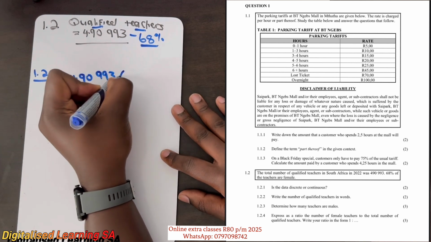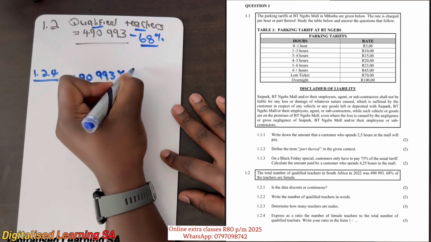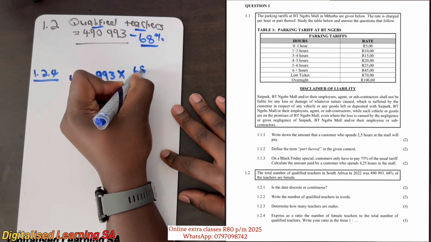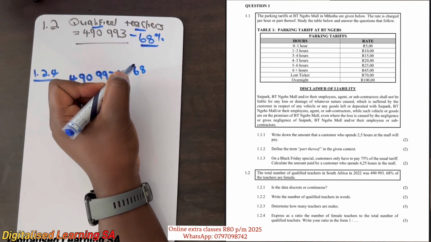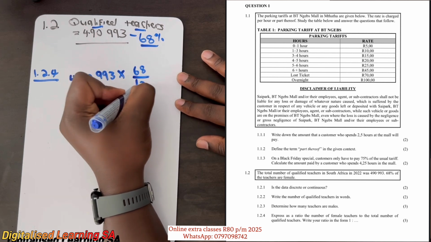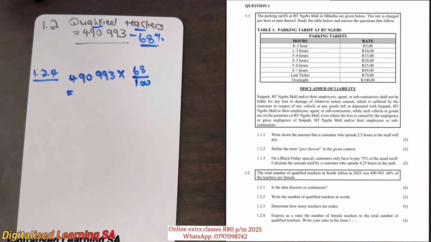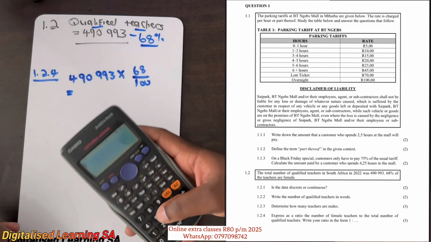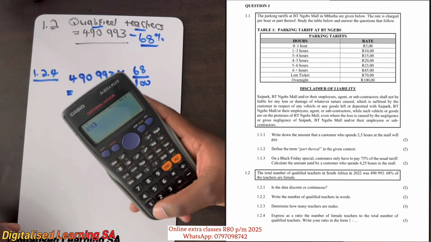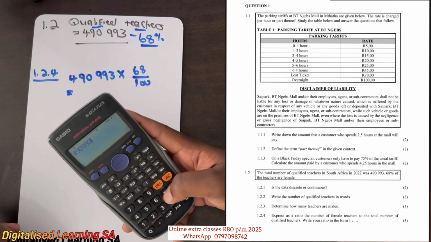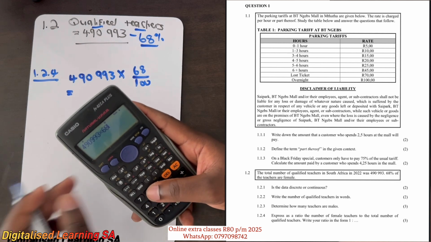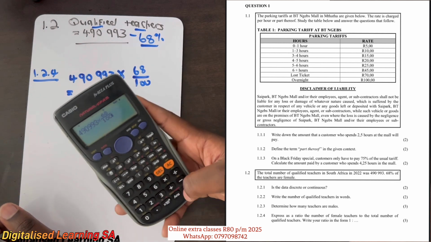490,993 multiplied by, in this case, we are told that the number of female teachers is 68%. So we just come and multiply by 68 and divide by 100. And let's quickly do that. So it's 490,993 multiplied by 68 over 100.